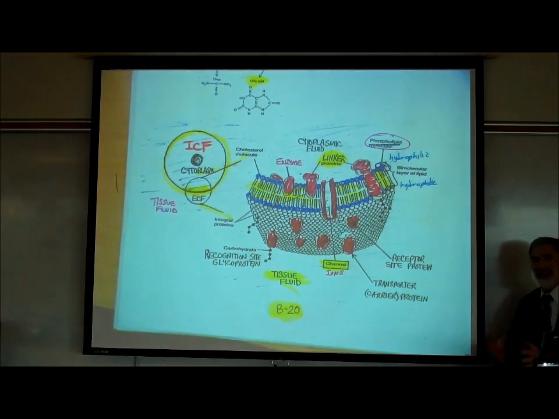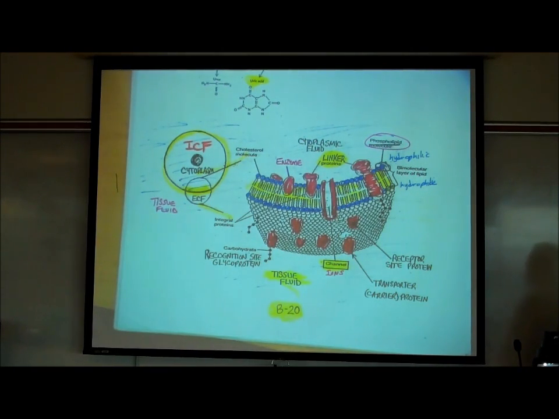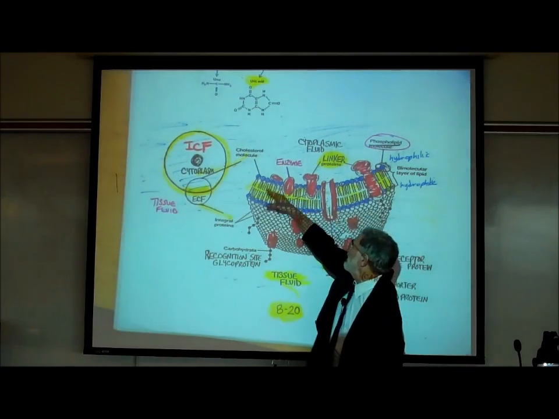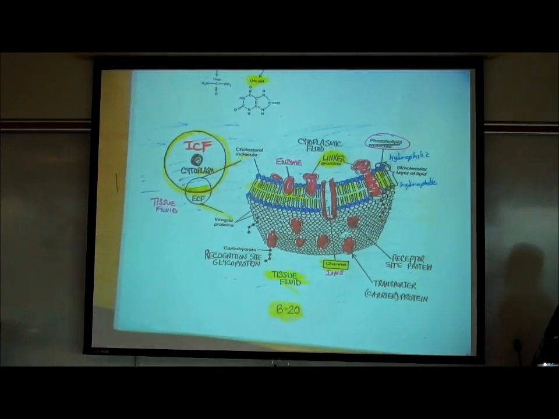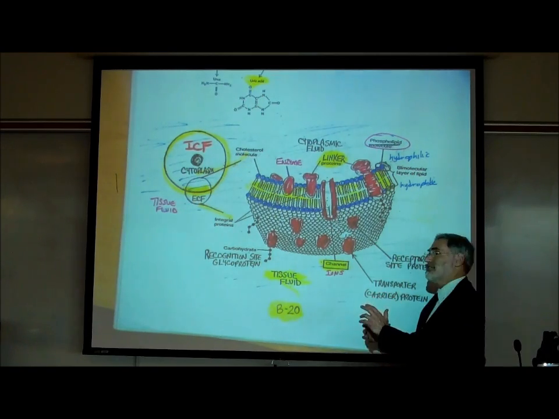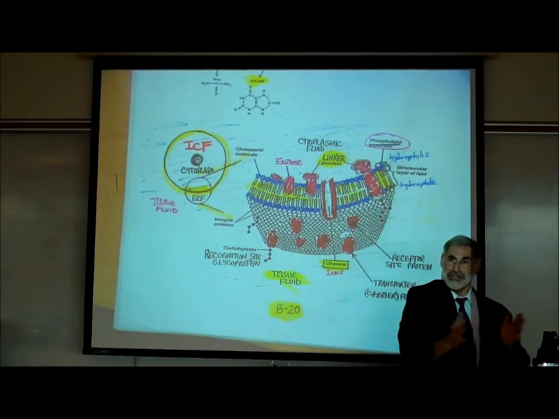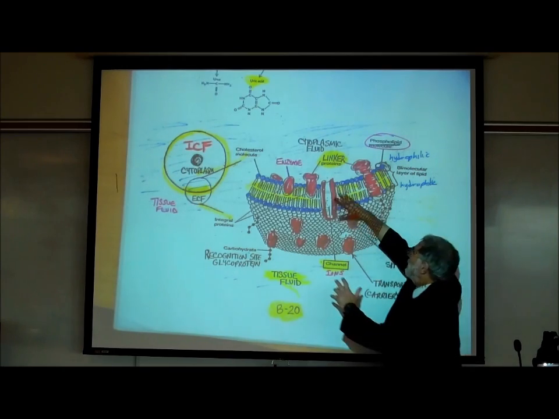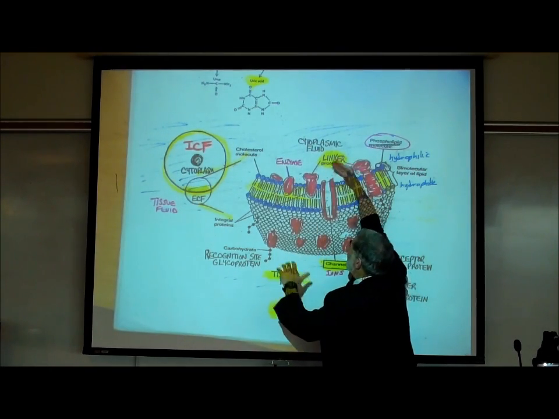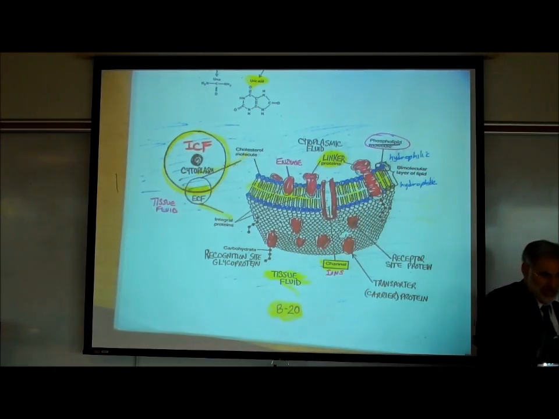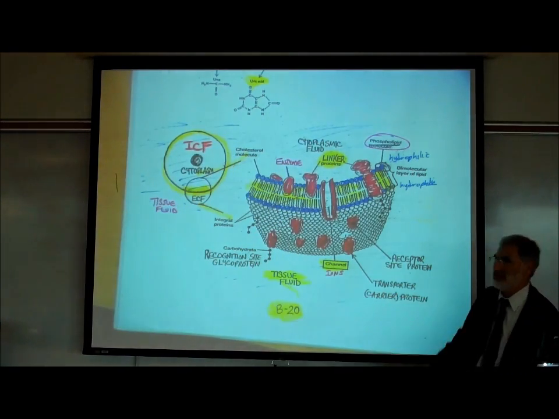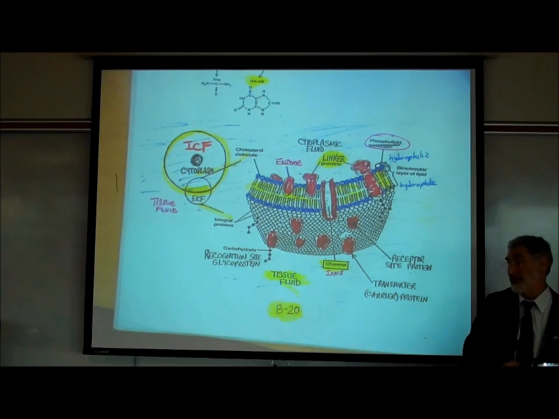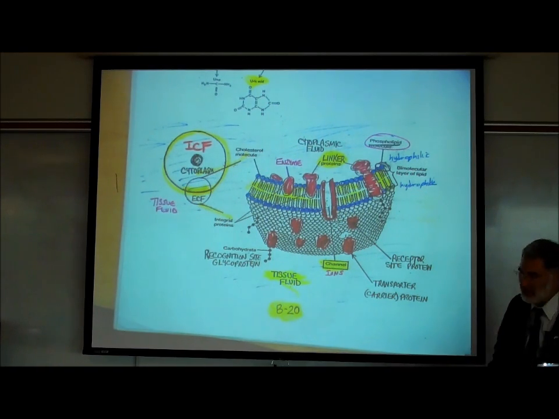I described that like an Oreo cookie, right? Like a cookie with a creamy filling in the middle. And that creamy filling of fat, since water and fat don't mix, creates a partition or separation between the cytoplasmic fluid on the inside of the cell and the tissue fluid on the outside of the cell. That's the function of the double layer phospholipids.